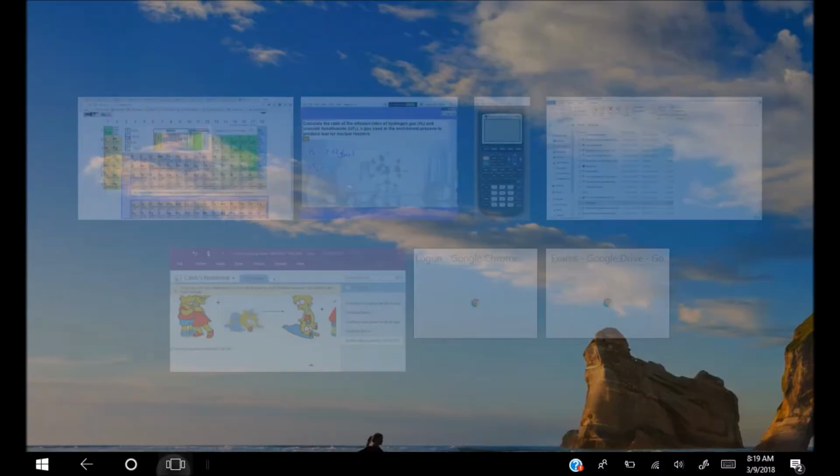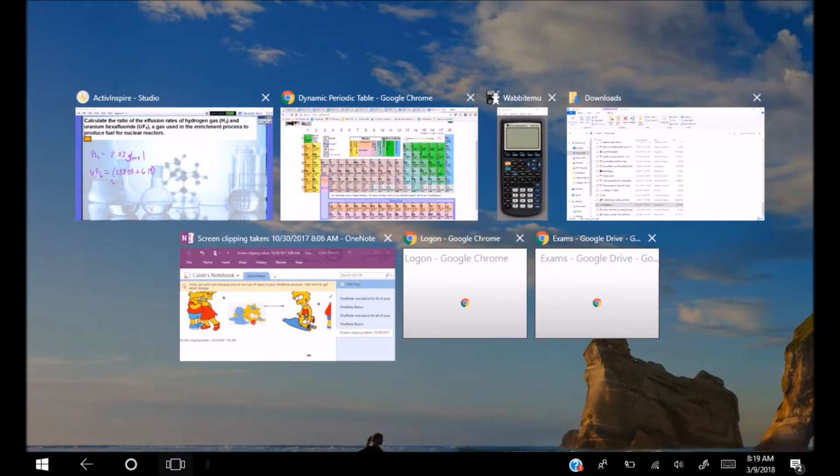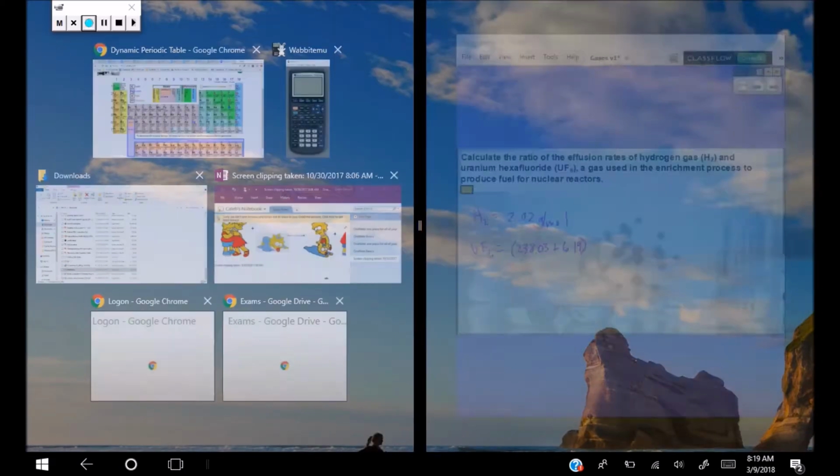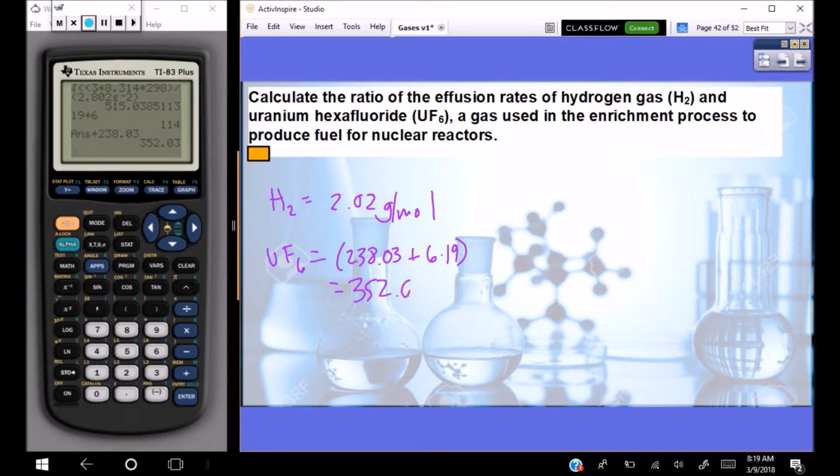So 238.03 plus 6 times 19 for fluorine, and that gives us a mass of 352.03 grams per mole.